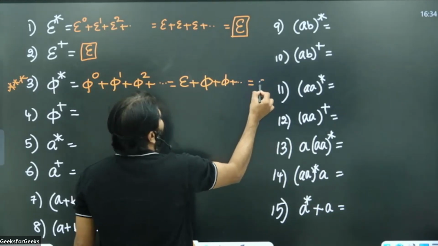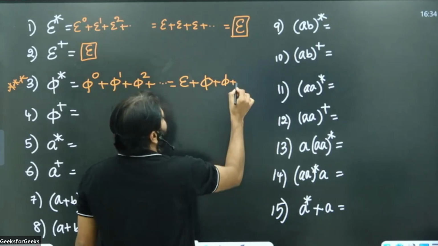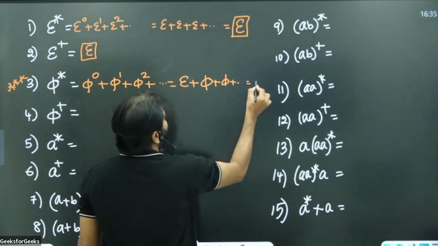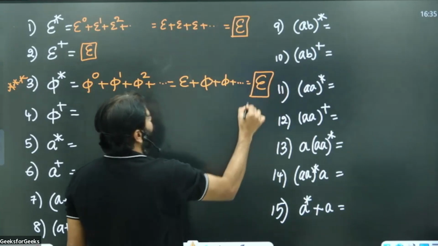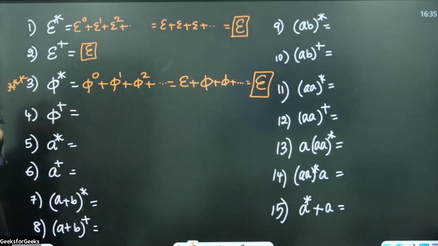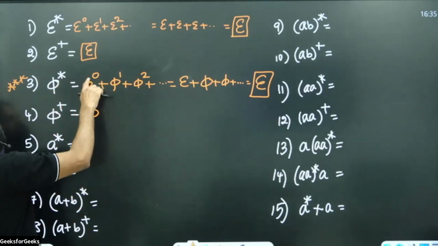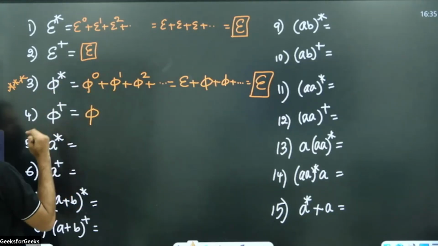So what is the result you will see? Epsilon, because one of them is epsilon. Epsilon plus pi's is just epsilon. And pi plus you can directly write pi. In these two, the difference is pi power 0 is there here, not there here. That is the reason pi.